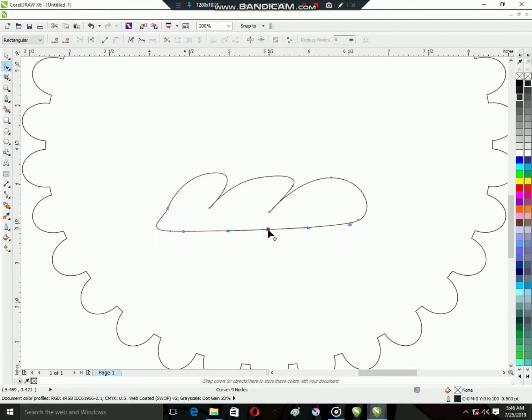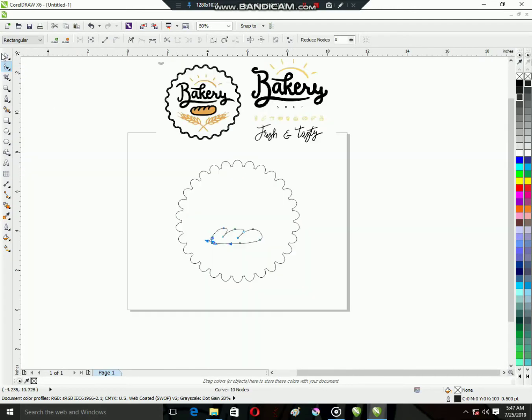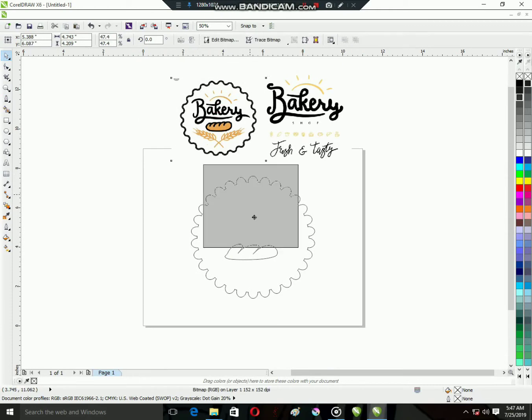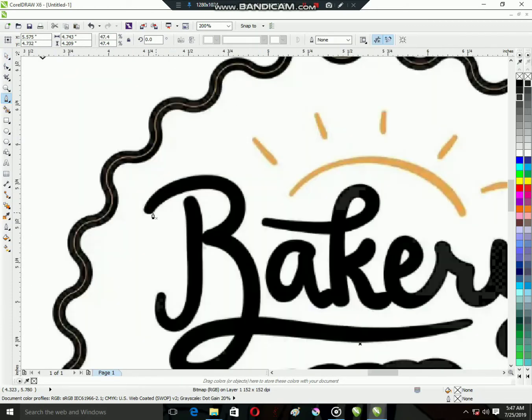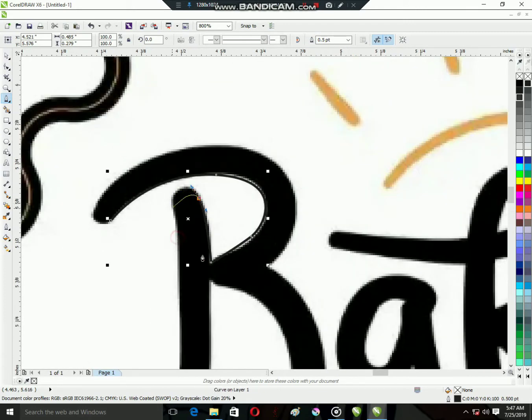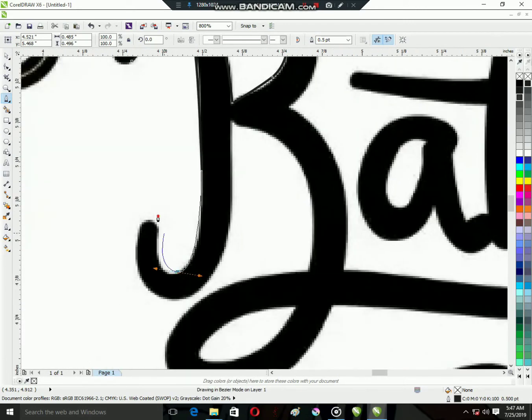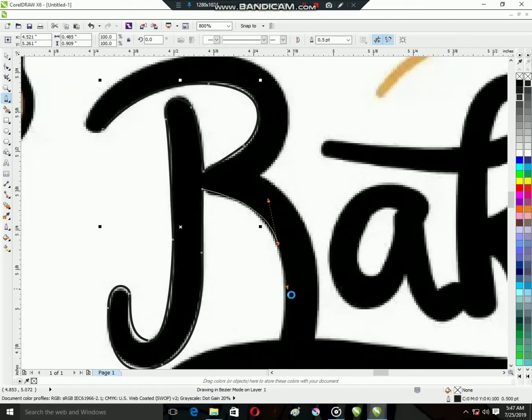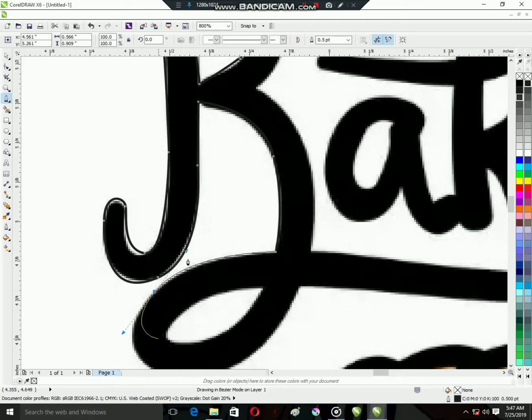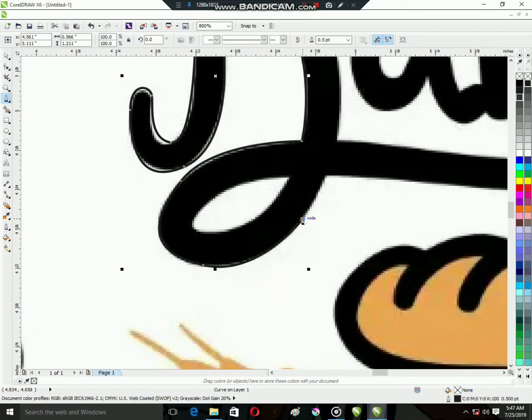I don't know for you guys, but sometimes when I don't actually get the result I'm looking for, I think you guys will see when I trace this bakery. Yeah, about now, I usually just trace the font if I'm having a hard time finding it on my font list. But this is something COREL DRAW is mostly all about. It's just tracing, just keep tracing.